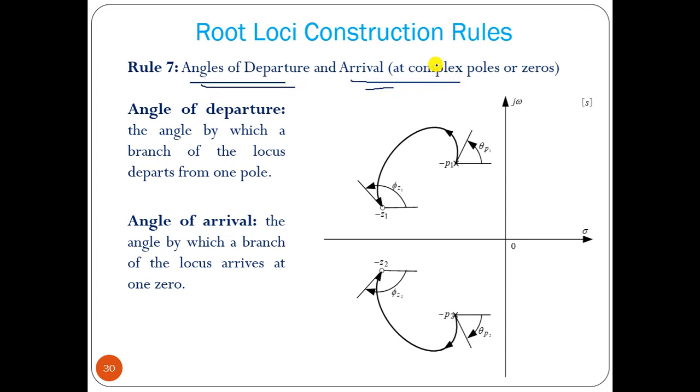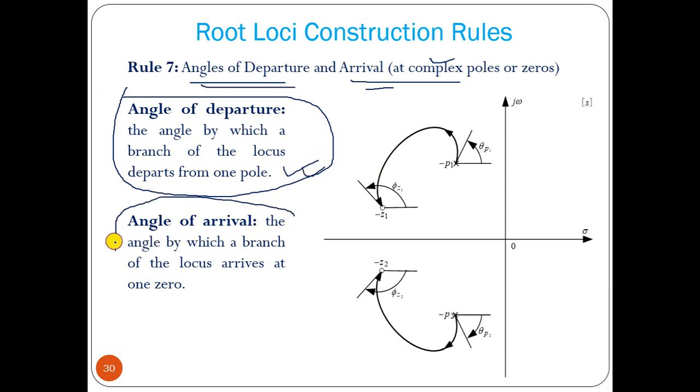That is for complex poles and zeros. Angle of departure is applicable for poles: at that angle the pole departs, and at this angle it enters the zero. So angle of departure is with respect to poles, angle of arrival is with respect to zeros.